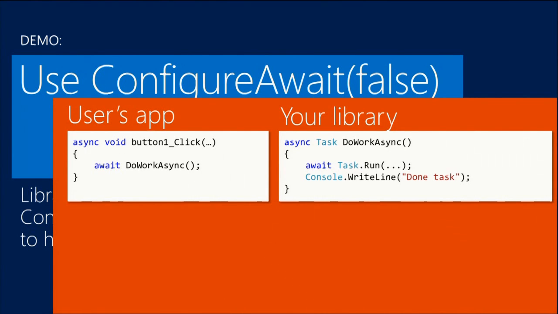This one, about 0.6 seconds were taken just capturing and restoring the synchronization context. How many iterations did I do? 20,000. Okay, so it was 0.6 seconds difference to capture and restore over 20,000 iterations.